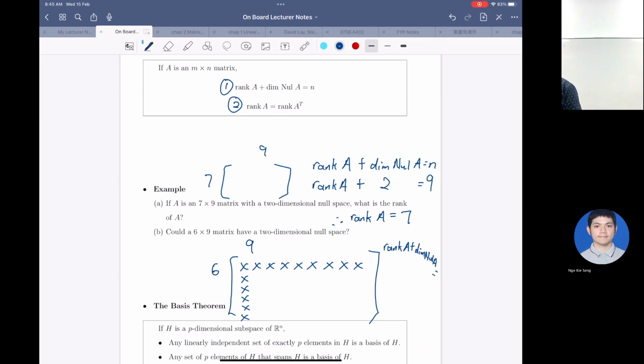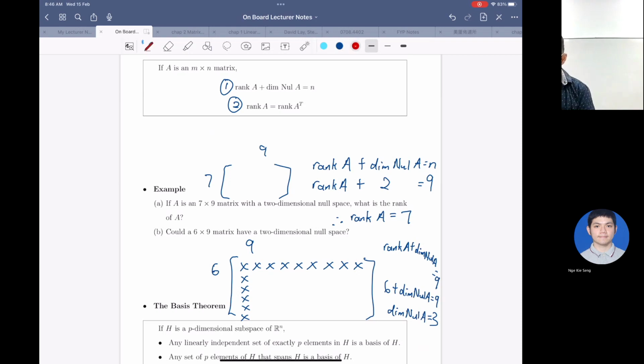So your rank A is at most 6, so your dimension of Nul A is at least 3. Okay. So you cannot achieve a two-dimensional null space. Your dimension of Nul A must be at least 3.